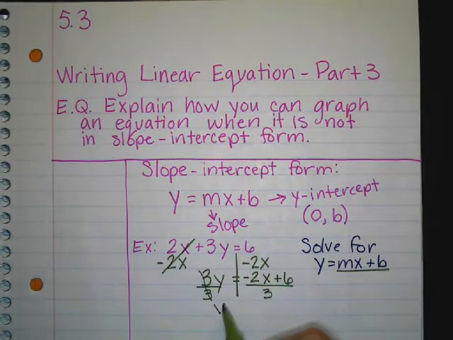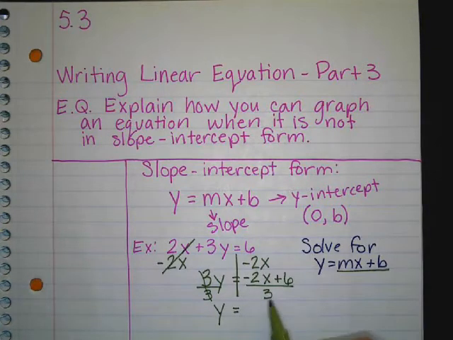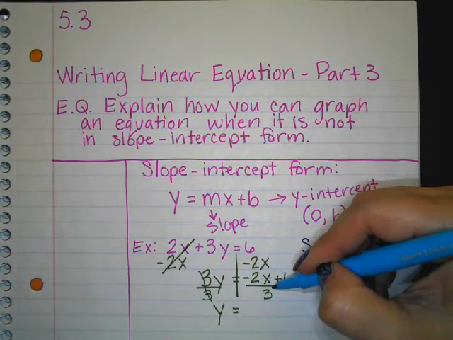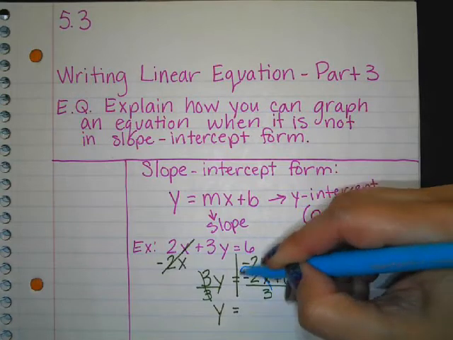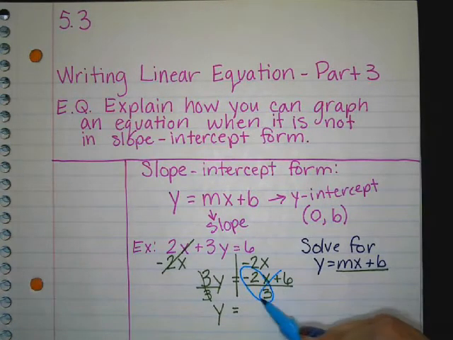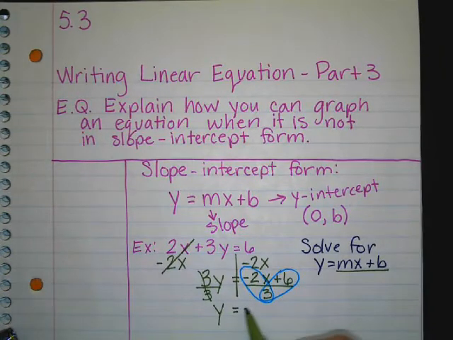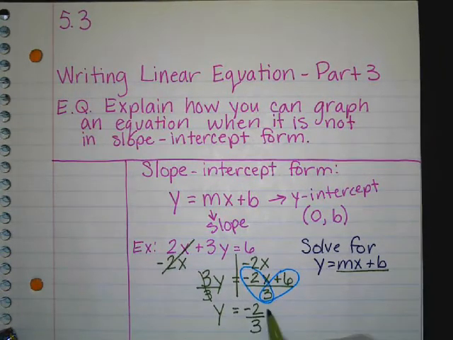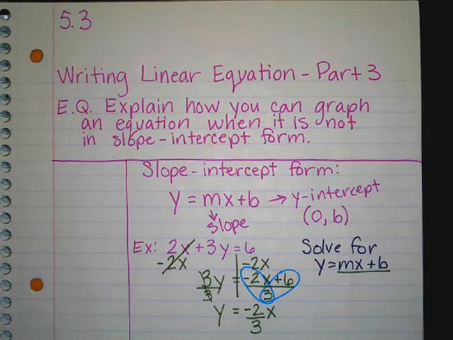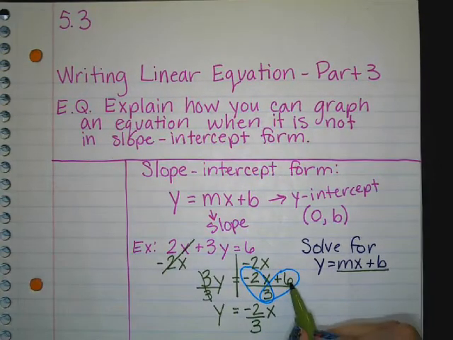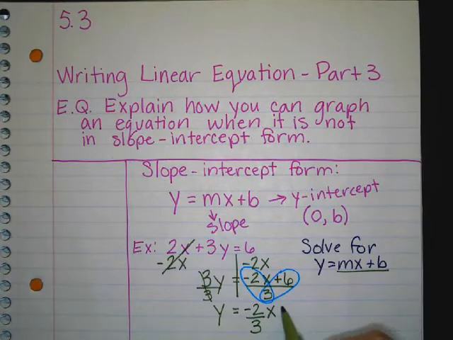We end up with y equals, and when we start to simplify this, the negative 2x is being divided by 3, and the 6 is being divided by 3. It's similar to when you distribute: we're dividing both terms. So negative 2x divided by 3, and then a positive 6 divided by 3.